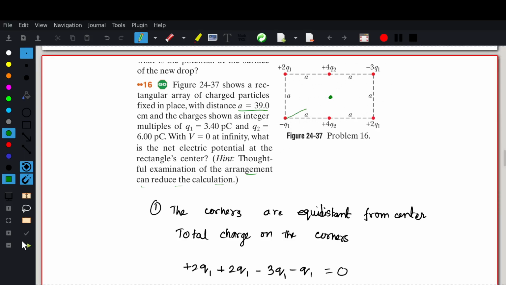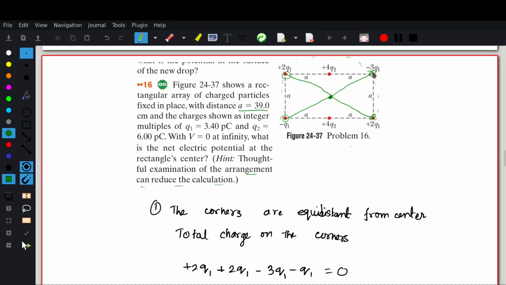This charge and this charge are at the same distance from the point, and this charge and this charge are also at the same distance. As if they lie on some imaginary circle. If they are lying on a circle and are equidistant, then you can just add them up and pretend there was a single charge. So if I add all these charges on this same radius, what do you get?